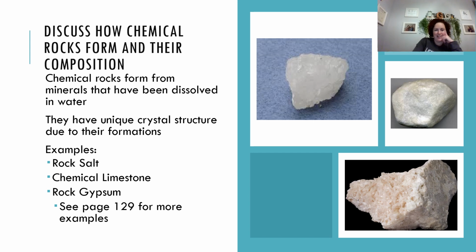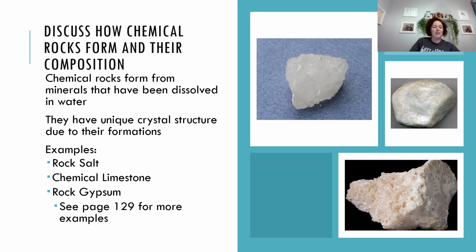Chemical sedimentary rocks is where you get many different types of minerals dissolved together, and eventually the water is evaporated or boiled off, depending again on what solution it was a part of.